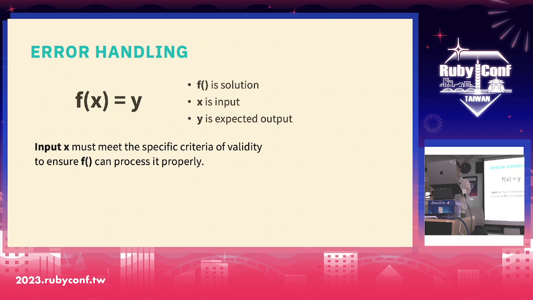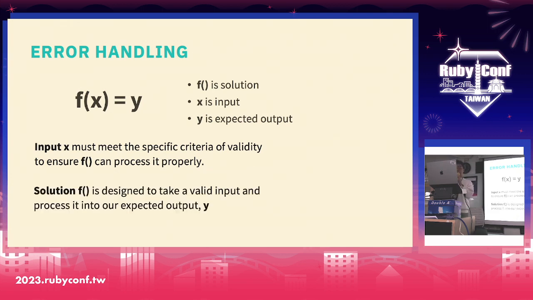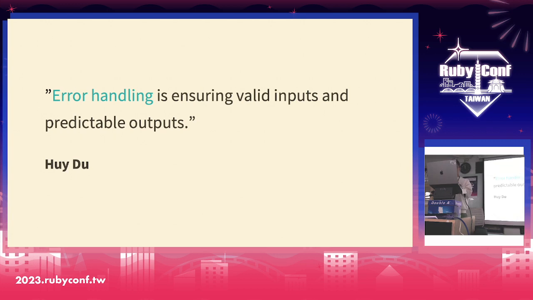It's maybe in the right shape or size, or the mechanism won't work with invalid input. So the solution is we take our valid input and predict the expected output y, and we have to make it well executed. So error handling is just ensuring valid input and predictable output.